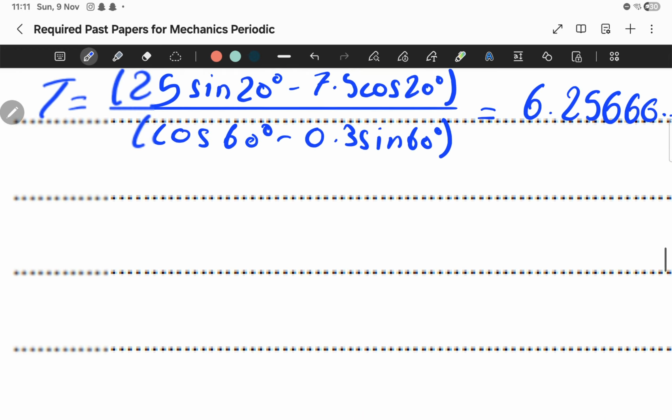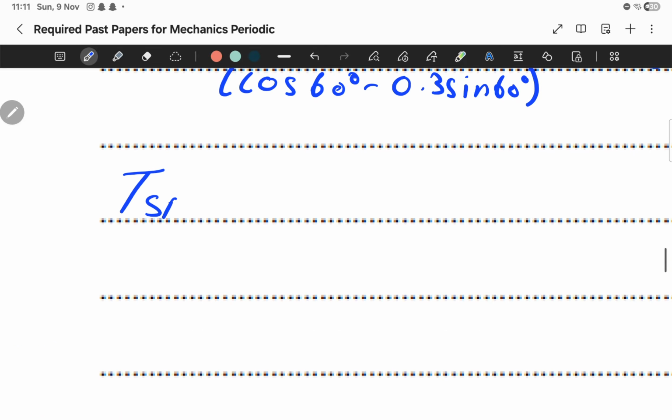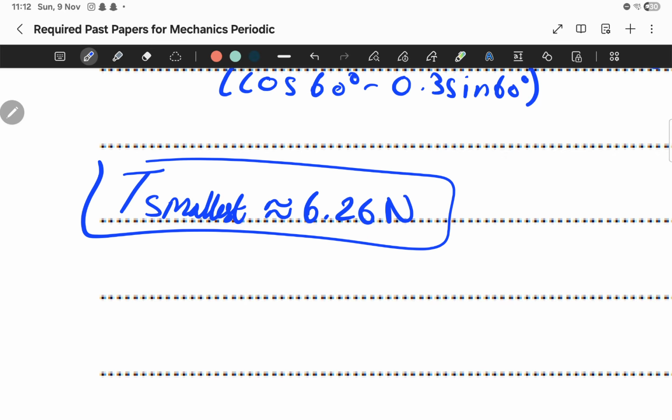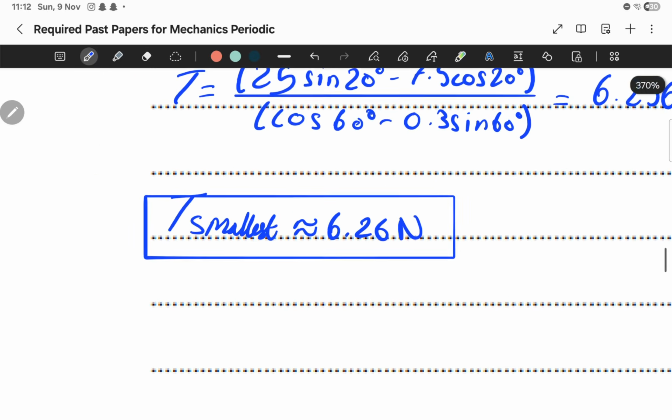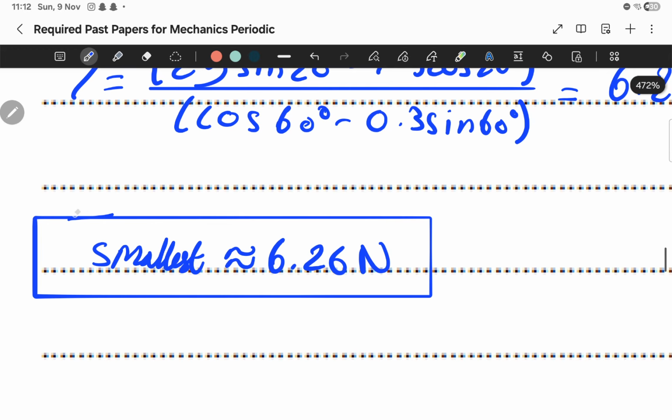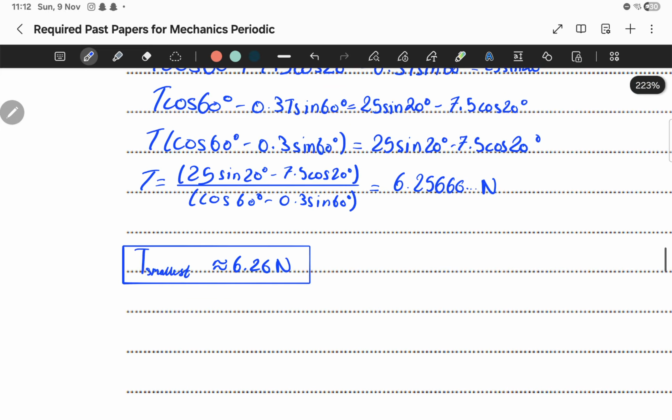So T smallest amounts to 6.26 newtons. Okay, so this is the first part.